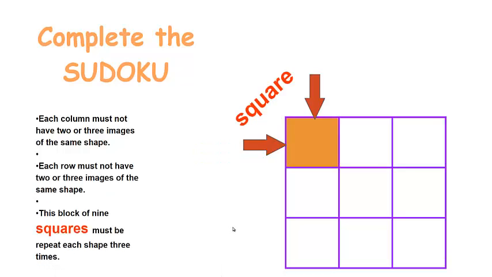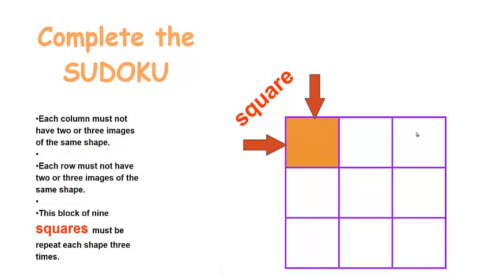The next thing we need to know is that this example of Sudoku, this small example, has squares, okay? In this corner, I can show you what a square is. A square is composed of a column and a row.